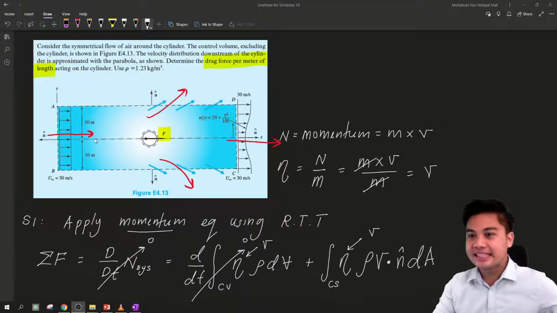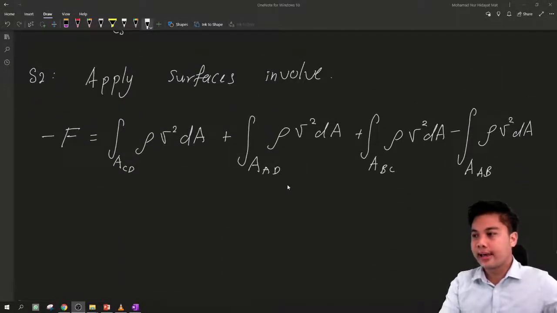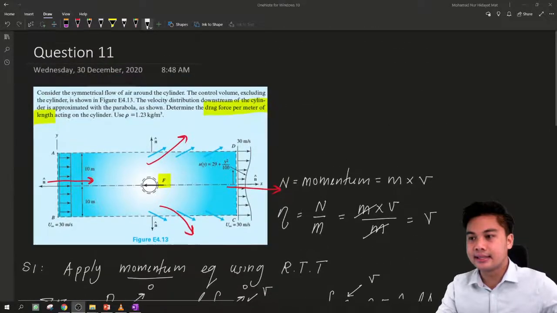Alright, we notice that AD and BC have a steady velocity U infinity, which is a constant velocity across the surface area. It is given that it is 30 meters per second. And we can actually simplify the flux of AD and BC here.